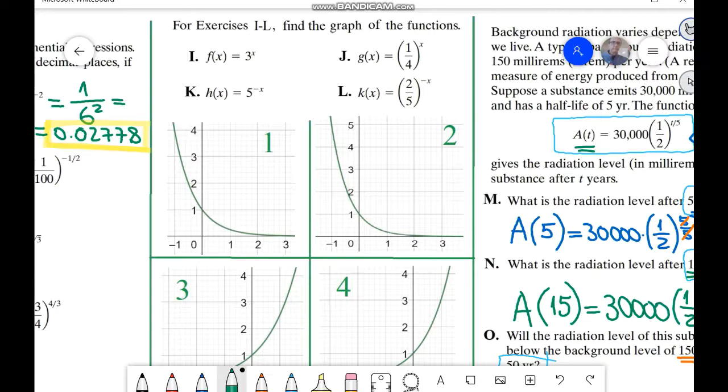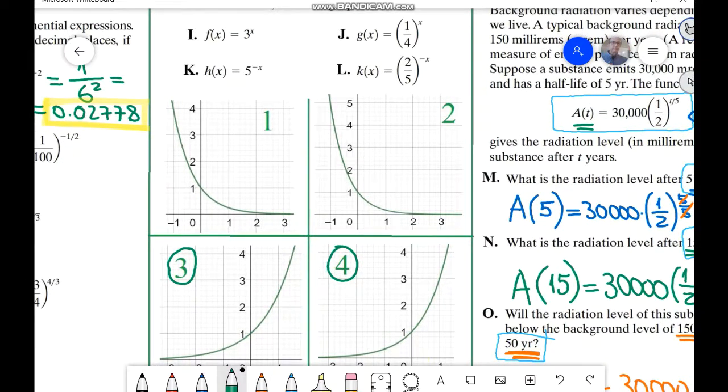Show graph. It's going to be exponential growth. So for letter I, it's going to be 3 or 4.